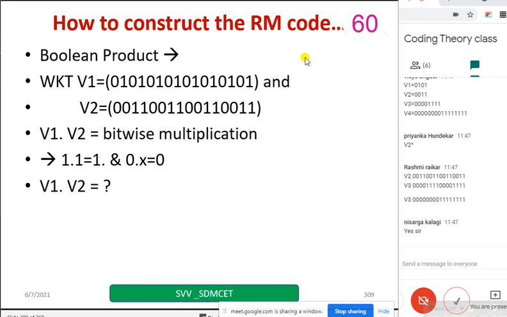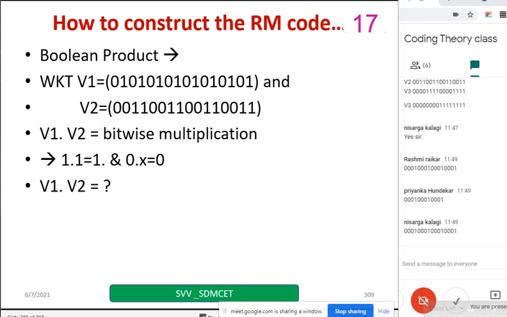All of you know the Boolean product. Bit to bit we are multiplying, v1 into v2, bitwise we multiply. All of you know 1 into 1 is equal to 1, and 0 into 1, 1 into 0 or 0 into 0, all will be 0. Now multiply v1 into v2, write your answer in the chat box. Priyanka has given the answer.